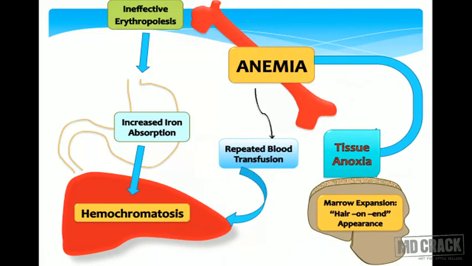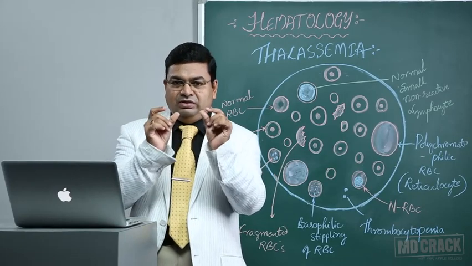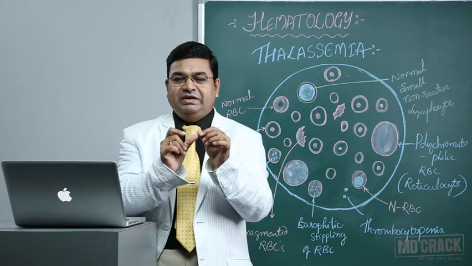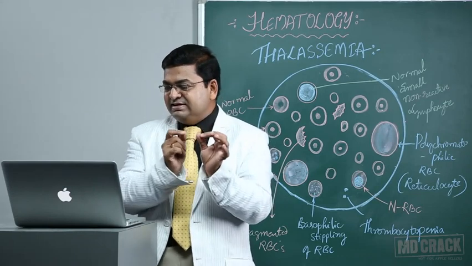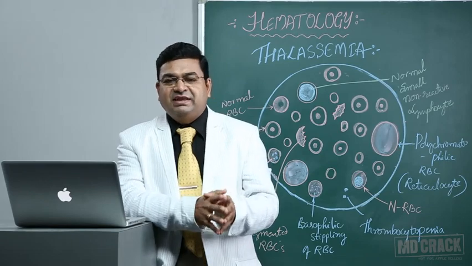Because of anemia, tissue anoxia will occur. The body will try to produce more and more extramedullary hematopoiesis. Not only that, whatever bone marrow is there will get expanded. The thickness of the bones will get expanded. This results in a very peculiar appearance in thalassemia.